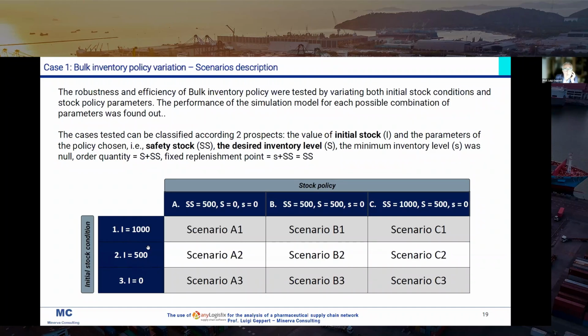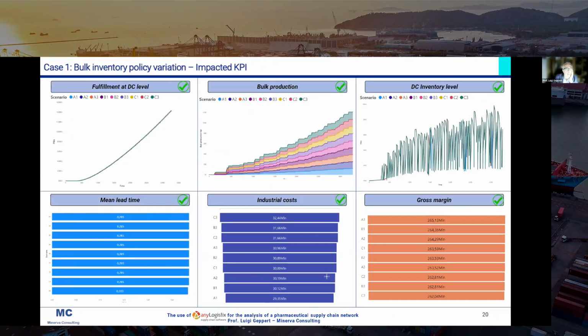In terms of kilograms, an initial quantity of 1,000 kilograms, 2 is 500 kilograms, and 3 is 0 kilograms. By combining these situations, we get these 9 scenarios.